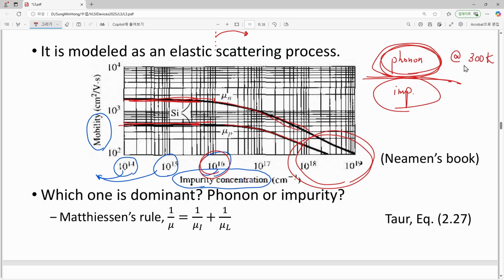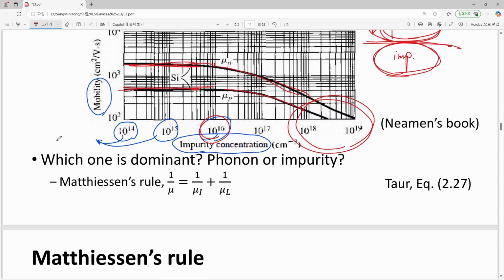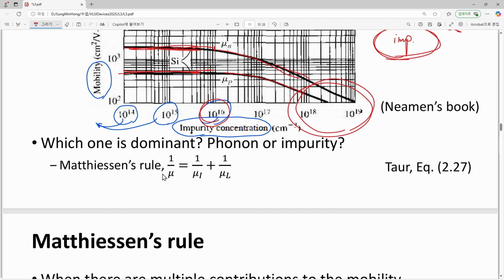If we reduce the temperature a little bit, then phonon scattering becomes weaker, and the onset of impurity limited mobility comes earlier.